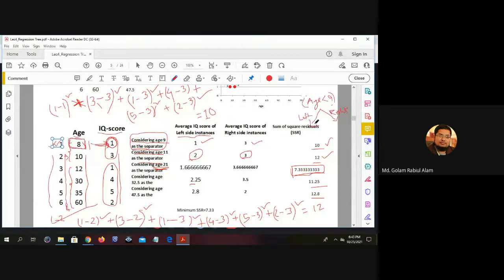In the right side, all other observations will be there, and the corresponding IQ scores will be from this. These are the IQ scores of the right side. Now if we put all these observations in right side and just left side is 1.